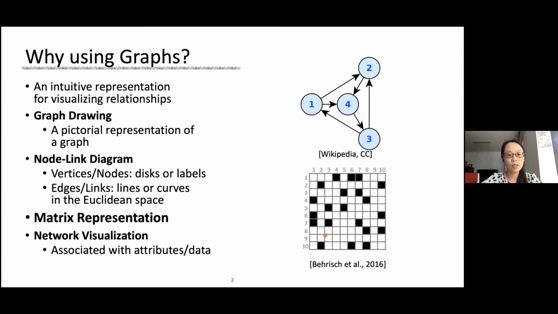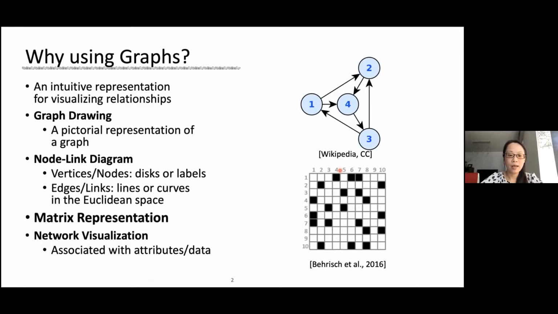It could be a node-link diagram, as you have seen previously, and here on the upper right, where vertices and nodes are usually represented as circles and labels, and edges and links are usually represented as lines, curves or arrows in Euclidean space. Besides the node-link diagram, you can also use a matrix representation to represent the relationship. For example, node 1 is connected to node 4.